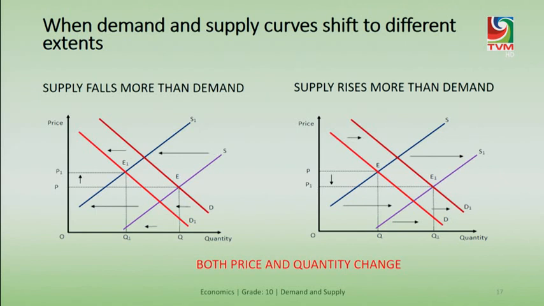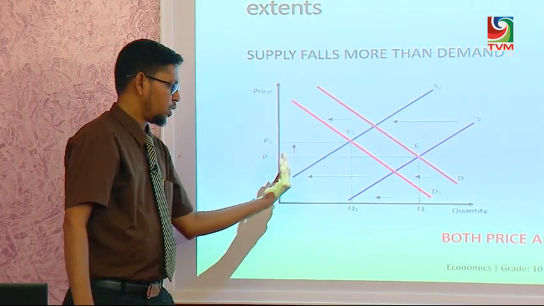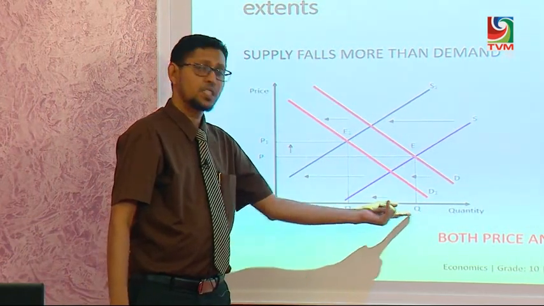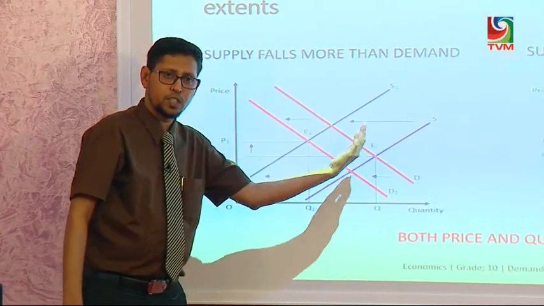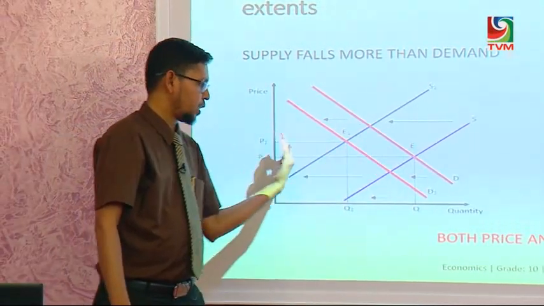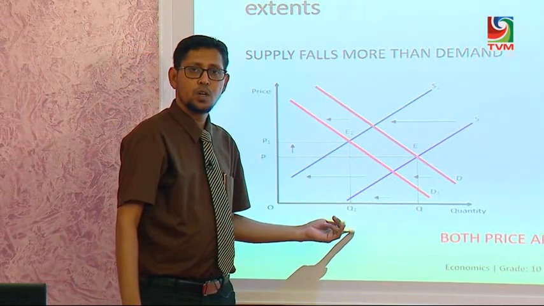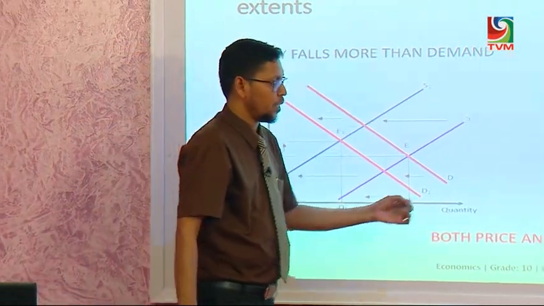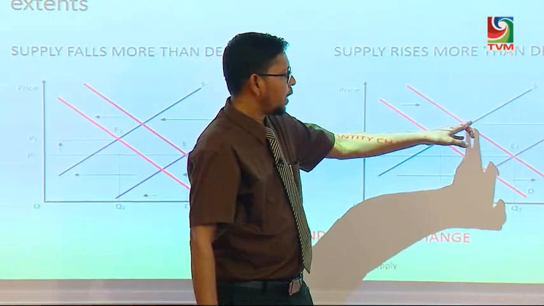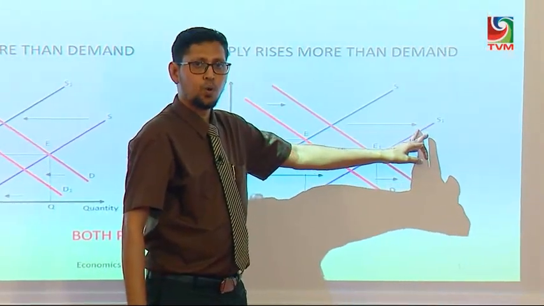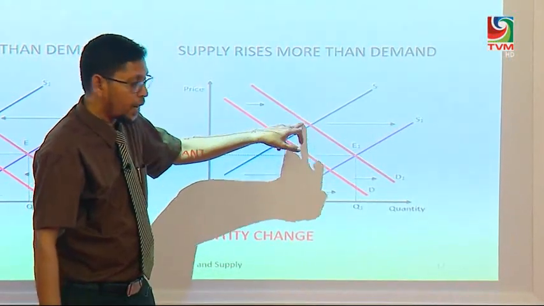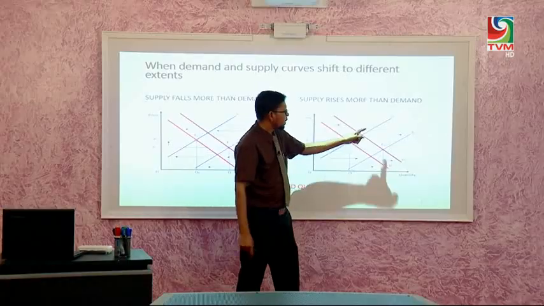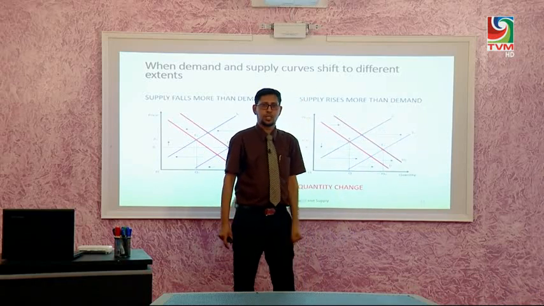Here, when both curves move in the same direction, which means left, that means there is a quantity decrease. When both curves move in the same direction, quantity also moves in that direction. Here we see supply increases more, but the demand increases less. We know that the demand increase will cause a shortage, and supply increase will cause a surplus.